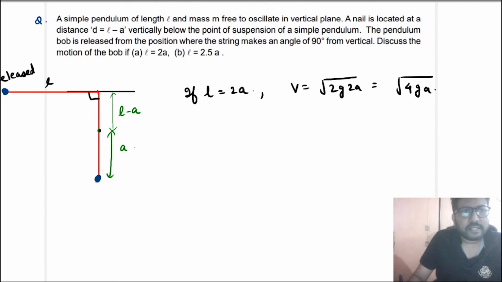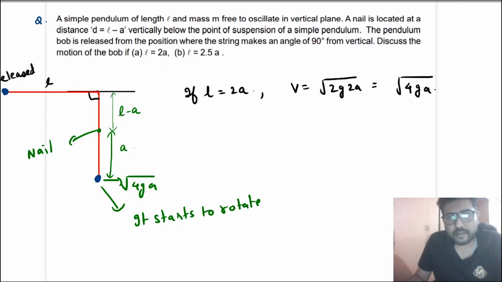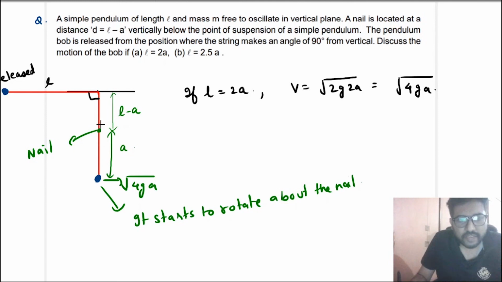Now once it reaches this point, the speed here is root 4ga, but it now starts to rotate about this nail. Now the nail is at a distance of a from this ball. That means the length of this string now becomes a. Okay, and this speed is root 4ga.